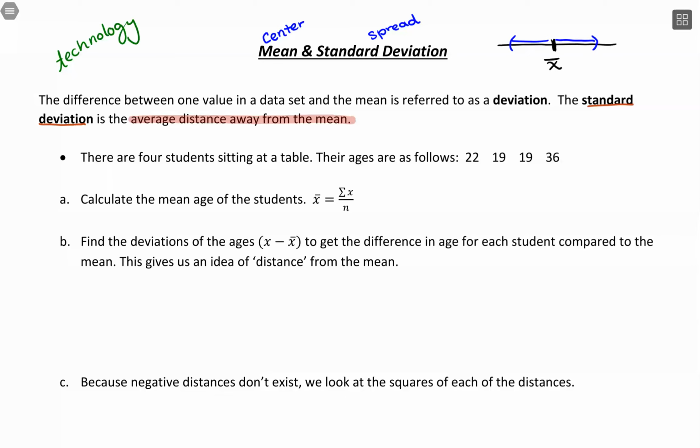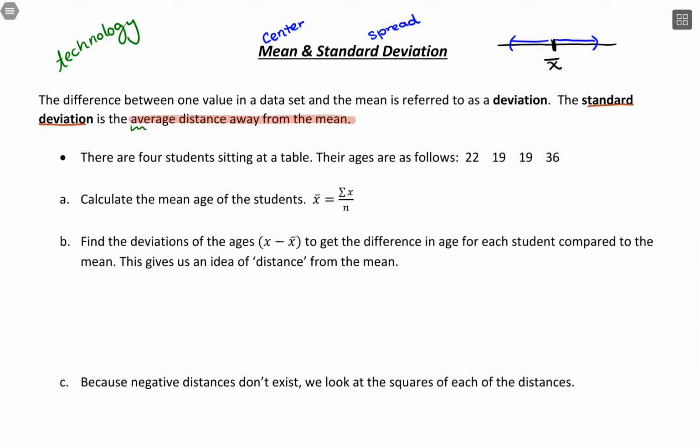So I'll show you some tricks for using technology as well. But before we just rely on technology, let's break down this definition and see how it applies to data and basically find the formula for standard deviation.